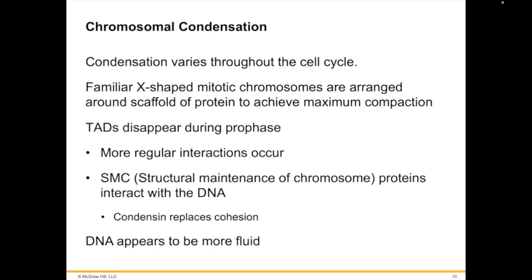This does not appear to involve the 30 nanometer fiber, with DNA appearing to be more fluid, with nucleosomes interacting to form dense networks. One new model envisions condensin proteins organized along the scaffold using energy from ATP hydrolysis to form regular loops of DNA in nucleosomes.